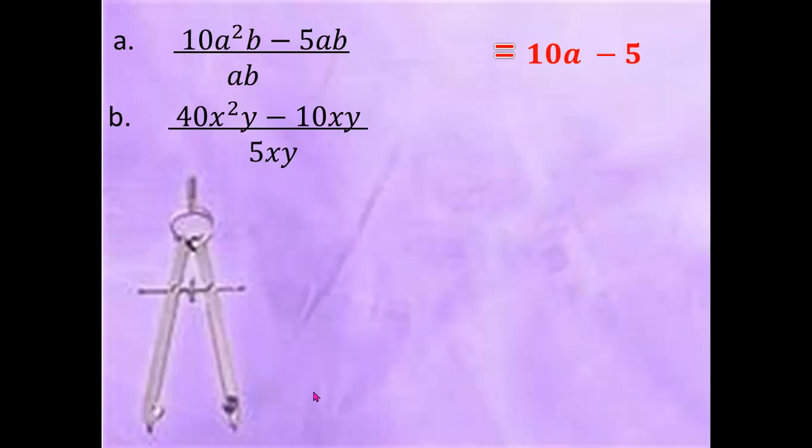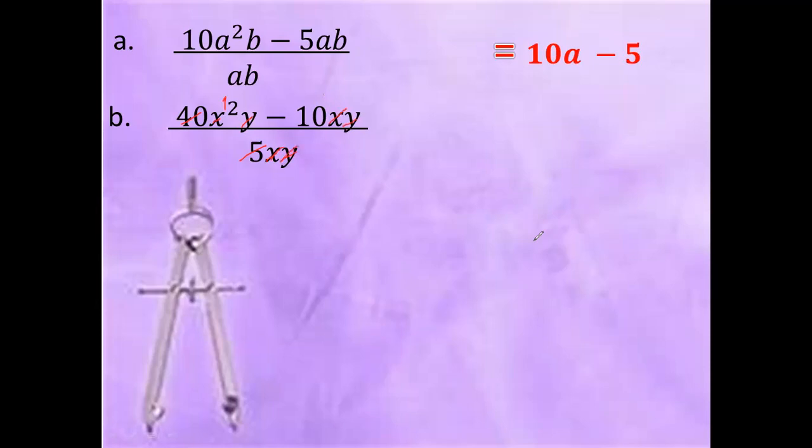We will not wait. Letter B, 40 divided by 5 is 8. All right, x and x, you have there 1. y and y is cancelled. Okay, so 10 divided by 5 is 2. x and x is cancelled, y and y is cancelled.